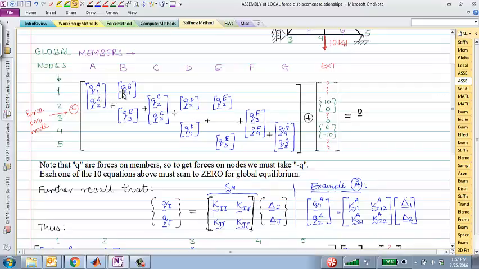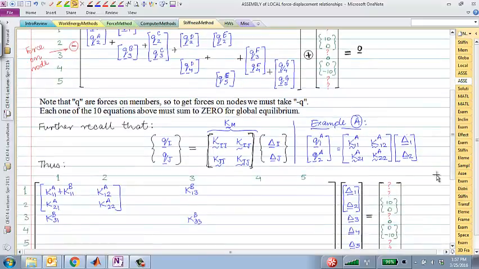We are adding that to element forces from element B node 1, right? So if I want to get QA1 plus QB1, I need to add the components of KA11 times delta 1 and KB11 times delta 1.